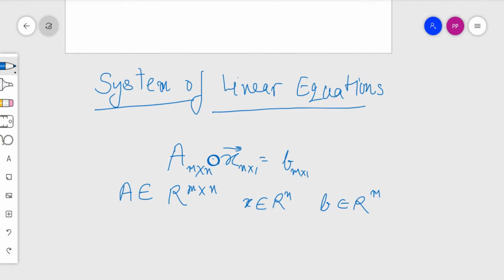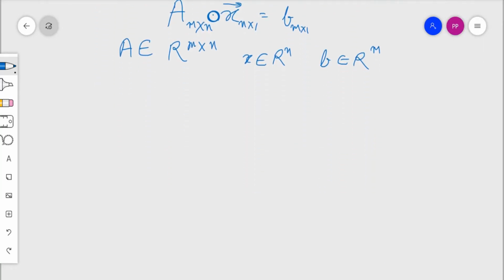If we write in expanded form, it will look like this. So we have the matrix A. We have A11, A12 like this up to, because there are n columns, A1n.